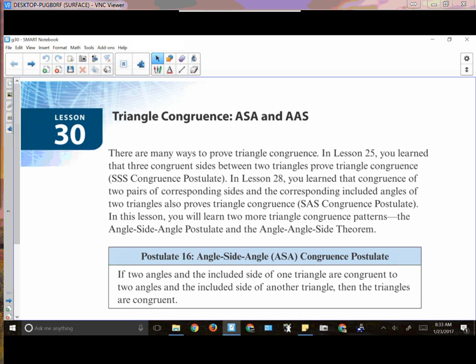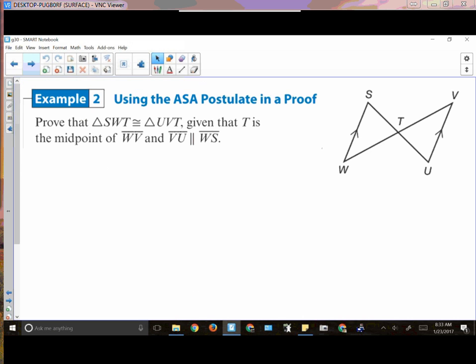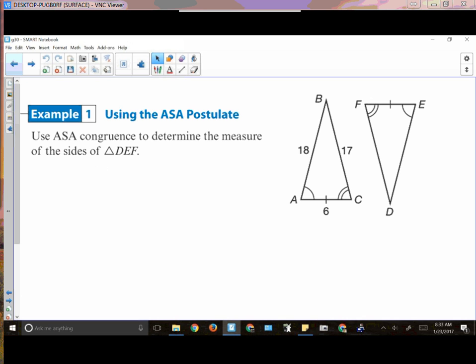All right, so let's take a look at how this gets done. If I want to use this idea of angle, side, angle to justify that these two triangles are congruent, I need to make sure that I have things in the proper order.